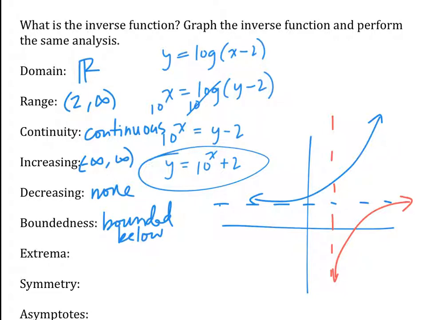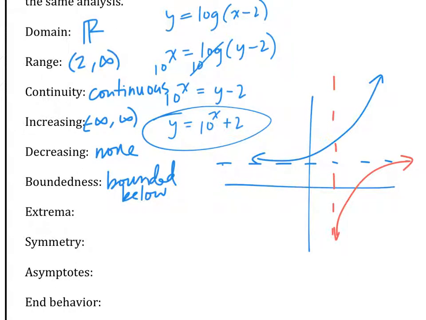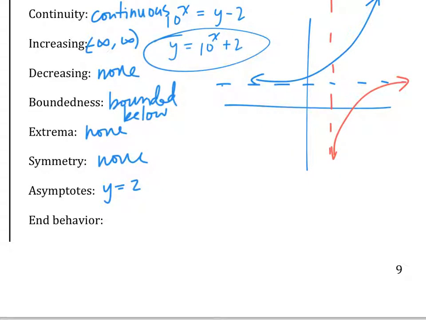Junior, you want to try the extrema? Is there a maximum or minimum? No. Yeah, correct. None. Blake, symmetry. None. Allison, asymptote. Y equals 2. Eunice, you have the hard one. And behavior.